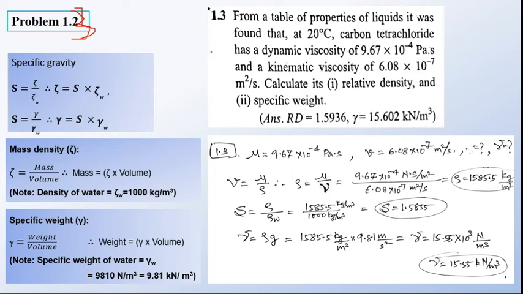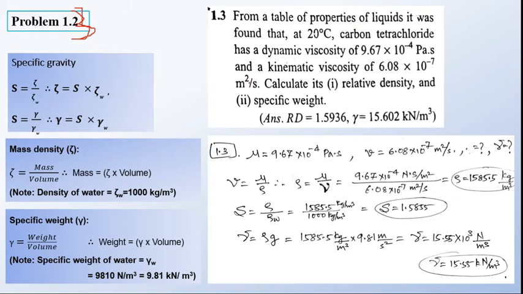Now the problem reads this way: from a table of properties of liquid, it was found that at 20 degrees centigrade, carbon tetrachloride, a liquid which is used as mercury in manometers, has a dynamic viscosity of 9.67 into 10 raised to minus 4 Pascal second.